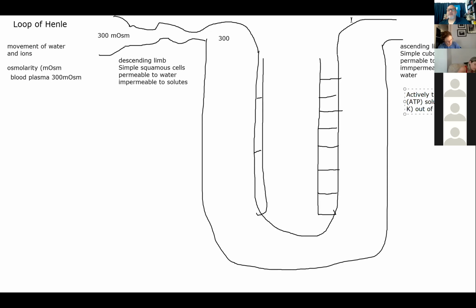So what's going to be happening here, let's go ahead and use some color, is we are going to be taking sodium, we are going to be taking chloride, we are going to be taking potassium, and we are going to be moving it out of the filtrate into the interstitial fluid of the medulla, right? This is primarily happening in our juxtamedullary nephrons.